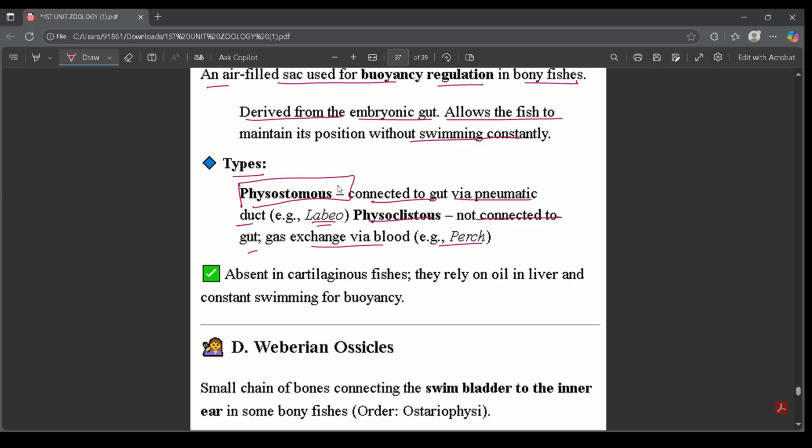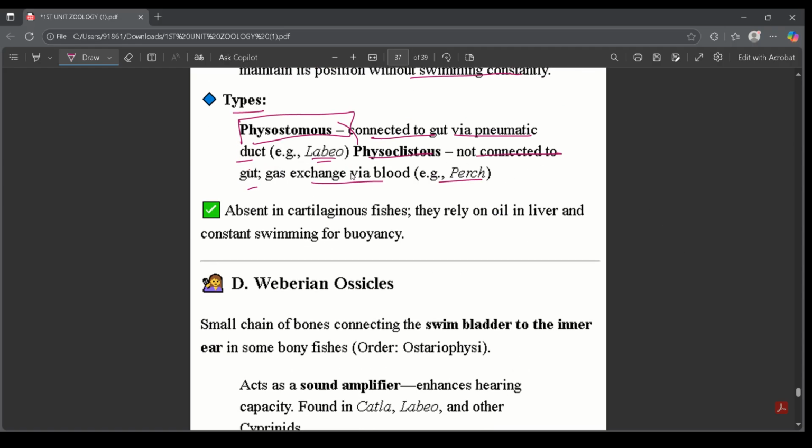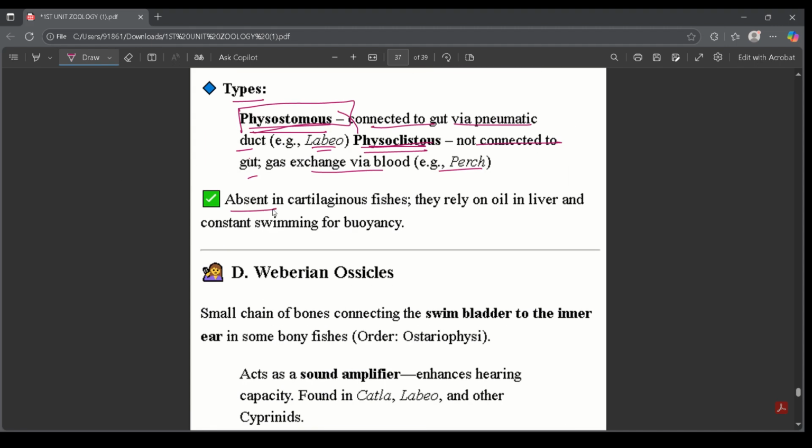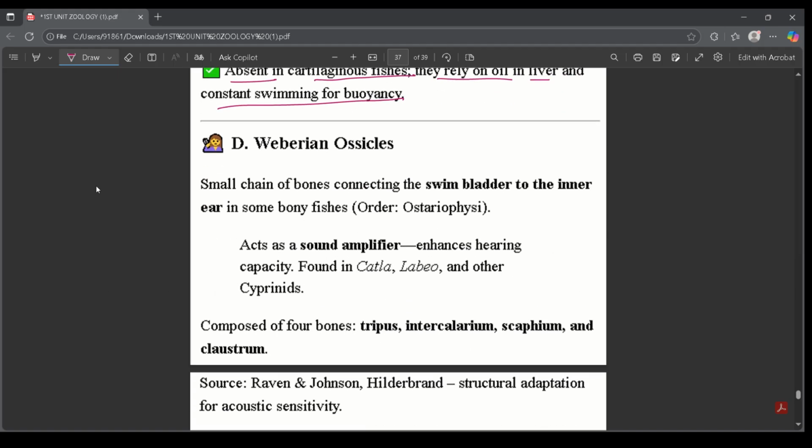I might pronounce them completely wrong. Please keep in mind, I've underlined these important scientific terminologies. However, this is absent in cartilaginous fishes. They rely on oil in the liver and constant swimming for buoyancy.